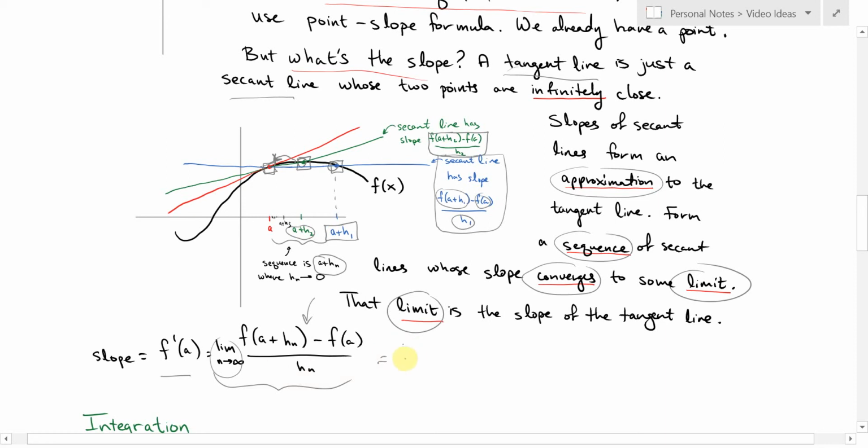You might have remembered something like the limit as h runs to 0 of this, which looks similar and is essentially the same. As n runs to infinity, remember these h sub n's form a sequence that's going to 0. So this thing on the bottom is going to 0 either way, and this h is going to 0 and this hn is going to 0 and so on. So it works the same way.